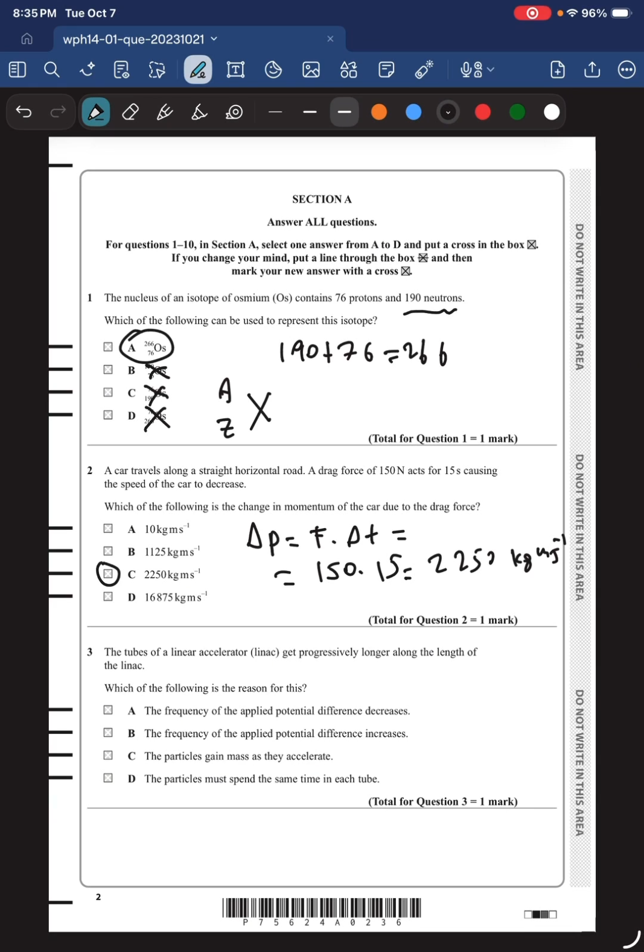They do, but it's irrelevant to this question. And then D, the particles must spend the same time in each tube, which is the correct answer. And they have to spend the same time because the frequency of the applied voltage is the same, okay, in each tube. But the velocity changes. So since the velocity increases, we have to increase the length of the tube, so the time they spend in the tube is the same, okay?